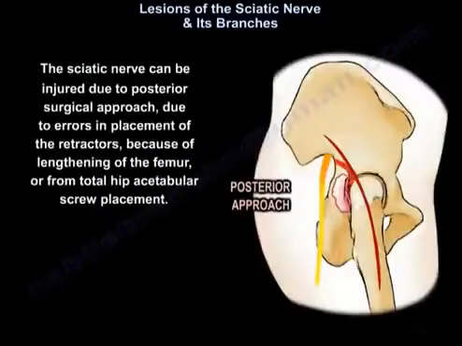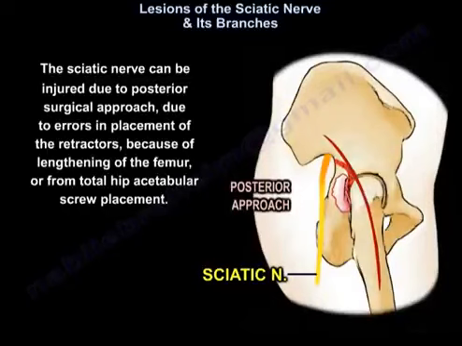The sciatic nerve can be injured due to a posterior surgical approach or errors in placement of the retractors, or because of lengthening of the femur, or from total hip acetabular screw placement.